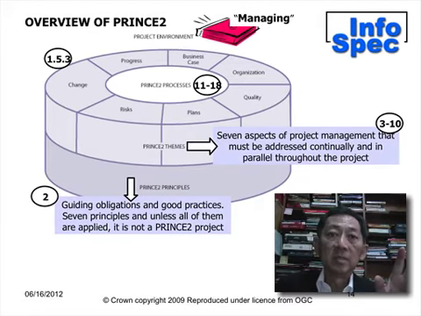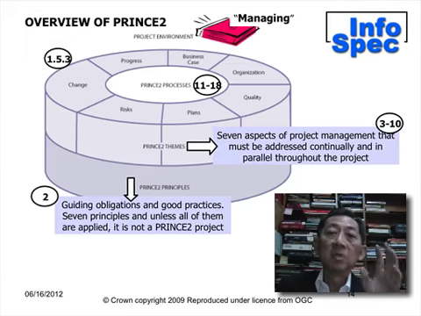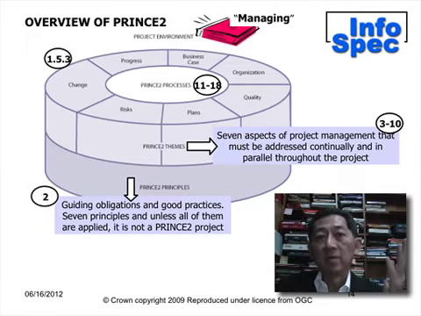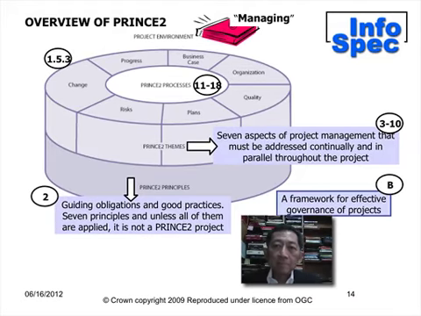So I would really suggest that you buy yourself a copy of the Prince2 manual, and if you have any problems, just give me a call or drop me a line. Basically, all these 3 clusters or groups of things that you see here, which Prince2 addresses, form a framework for effective governance of projects.